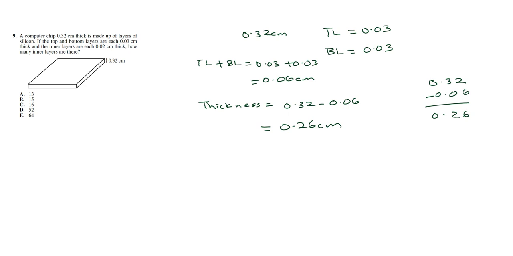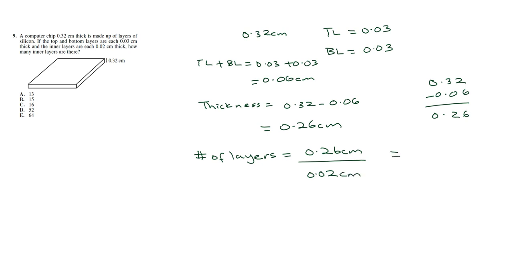But each of the inner layers is 0.02 centimeters thick. So the number of layers is going to be the thickness of all those layers divided by the thickness of each of the layers.